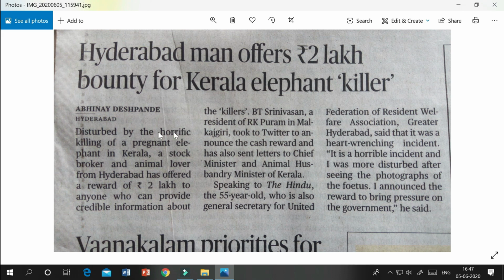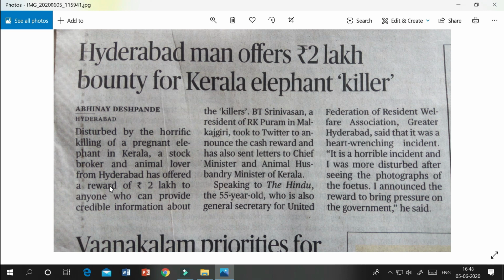Now, disturbed by the killing of a pregnant elephant in Kerala, this is called non-finite clause. This is to the left side of the subject. A stockbroker and animal lover is called subject. From Hyderabad, prepositional phrase. Has offered, verb.